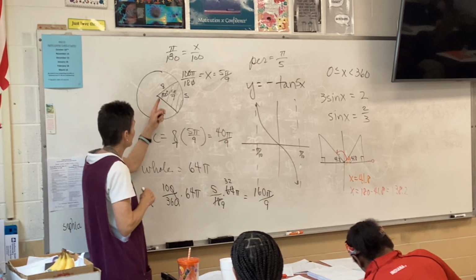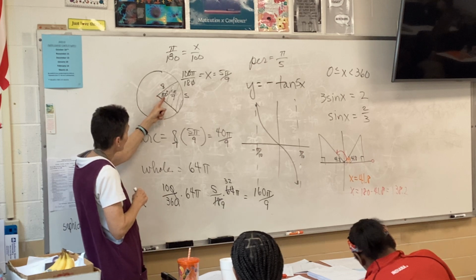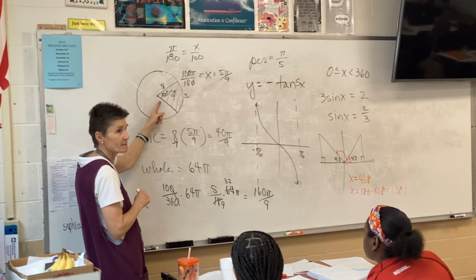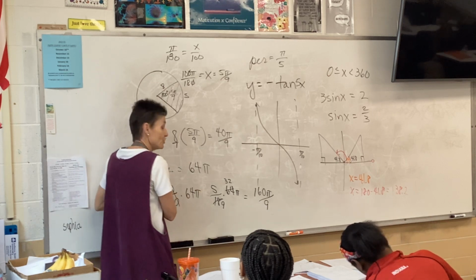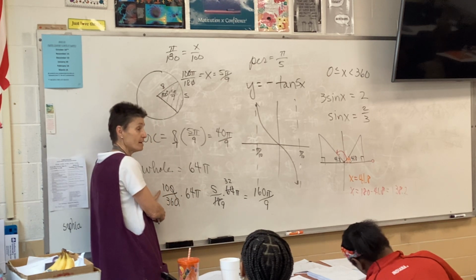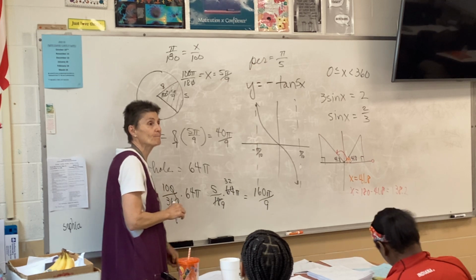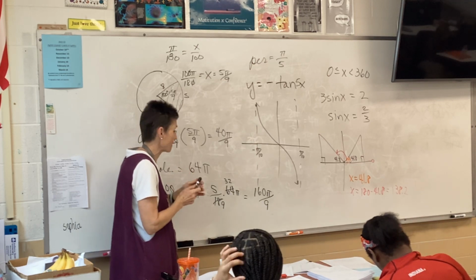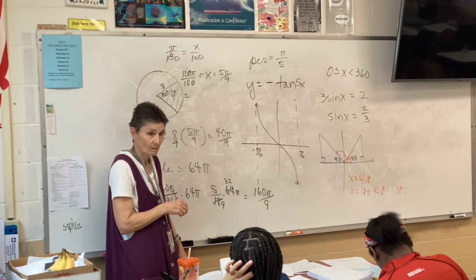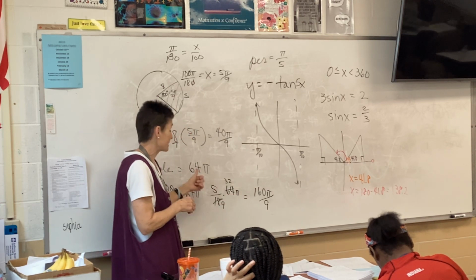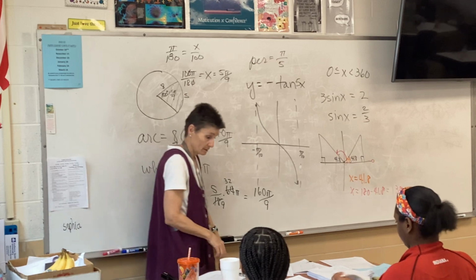You could also say, well, if that angle's 100, this one is 260, and you could do 260 over 360 times 64 pi. Either way, you'll get the same answer.